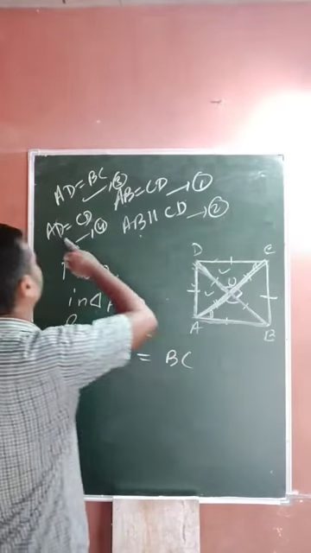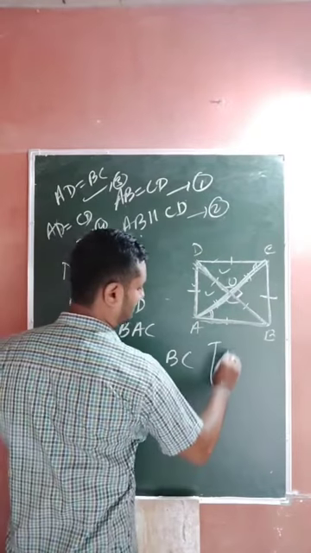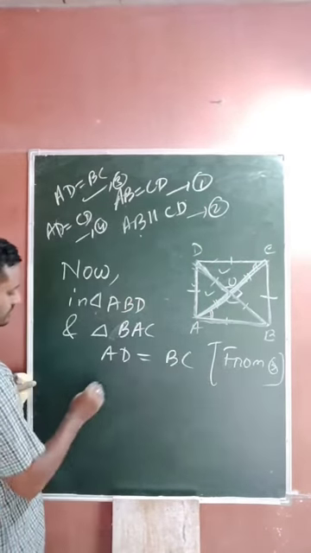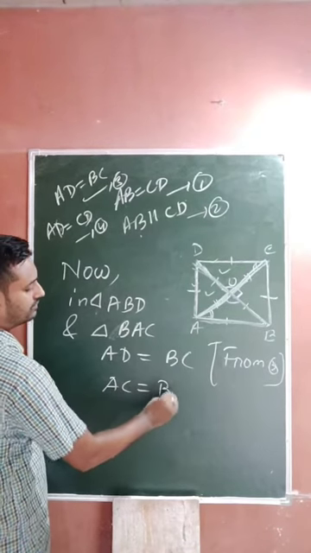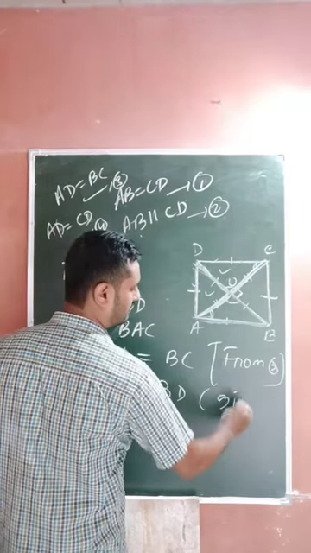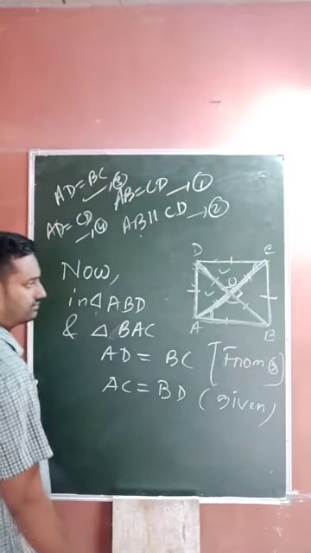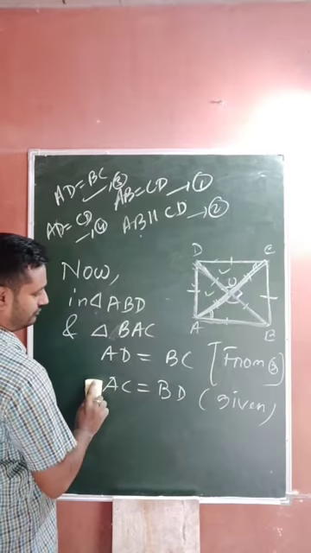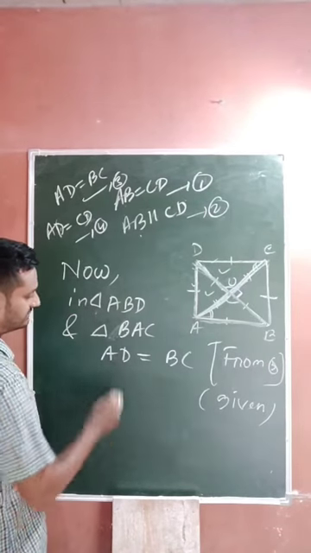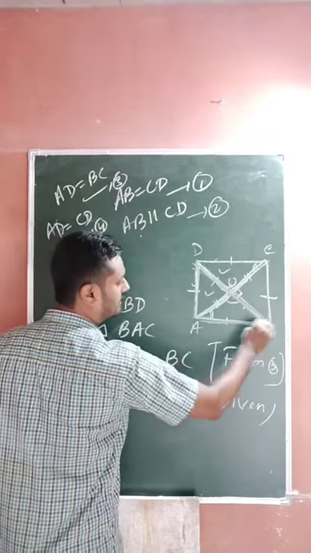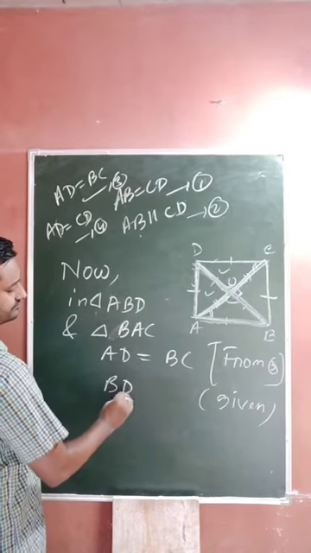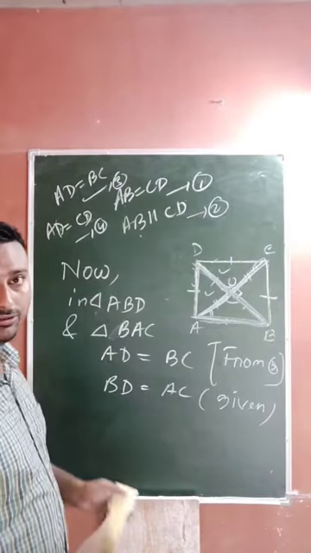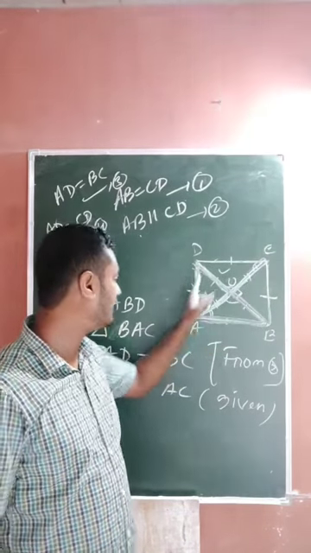Already proved AD equal to BC from 3. Another thing, look at AC and BD equal. Diagonals are given equal, and we are going to use that here. From triangle ABD you can write BD, and from triangle BAC you can write AC.